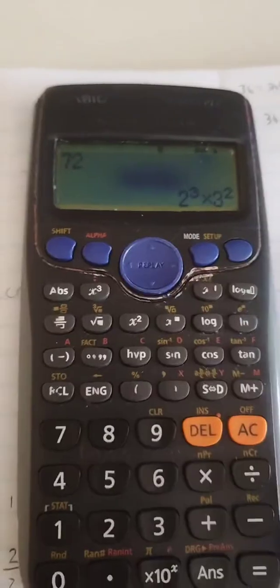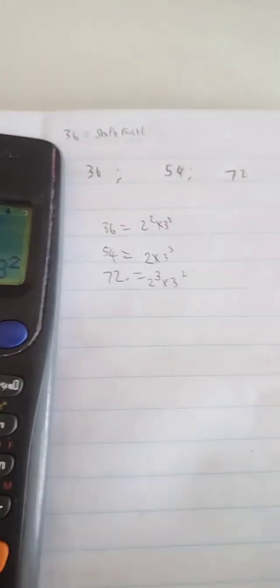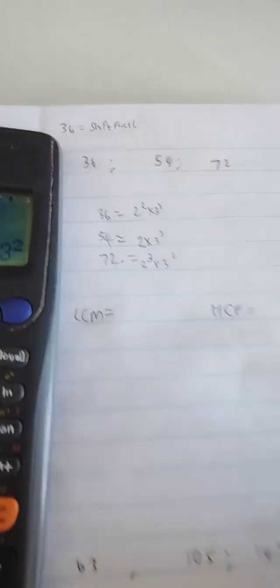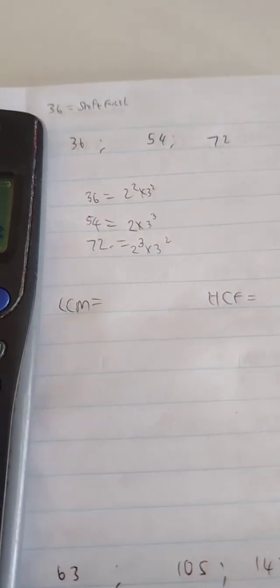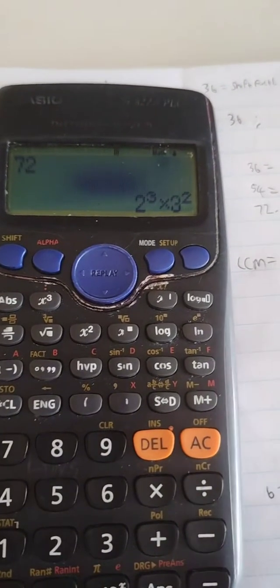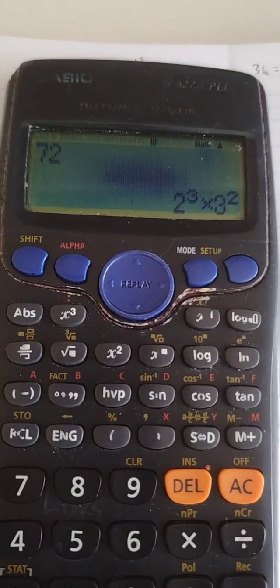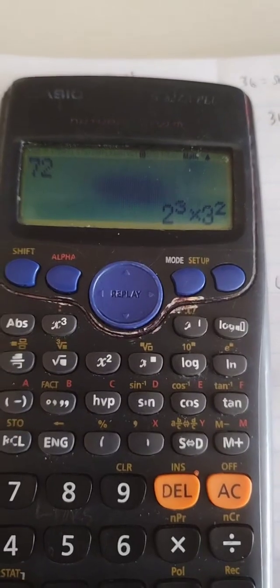You can just simply use your calculator and write down the product of prime factors. Then from there, HCF and LCM, because using that ladder method will take time.